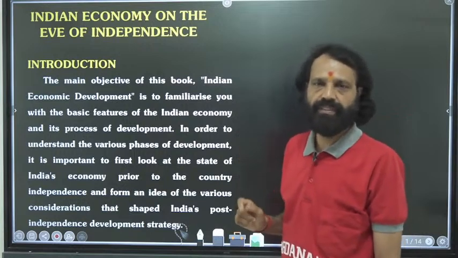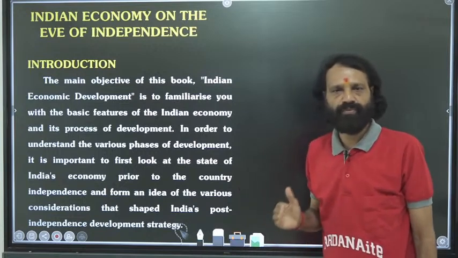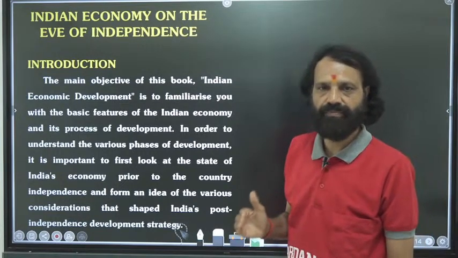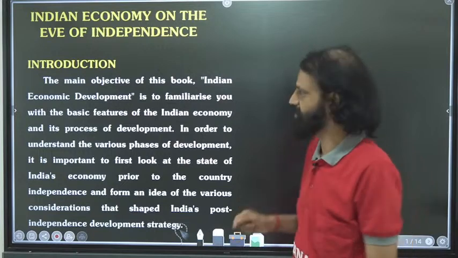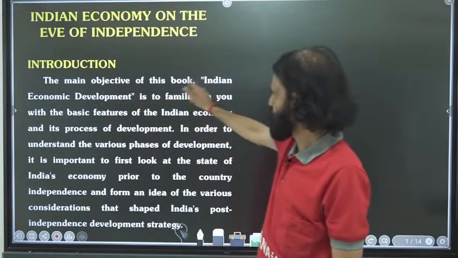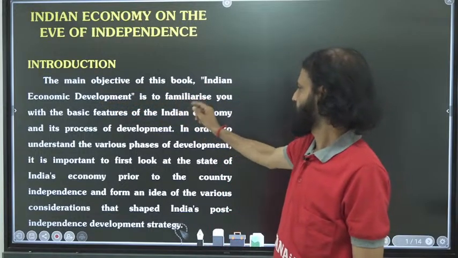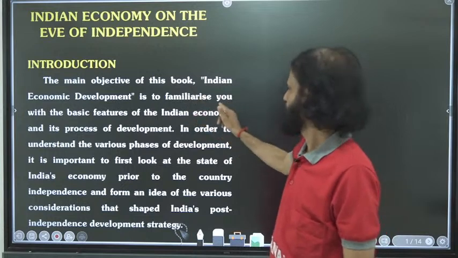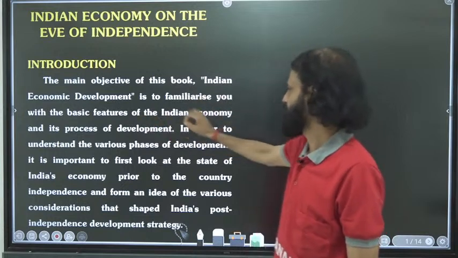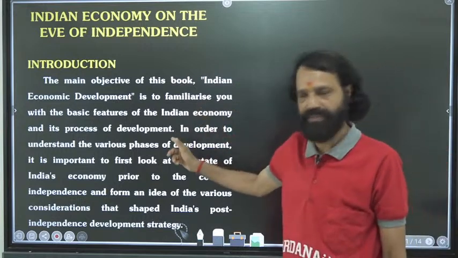During the time of Britishers' rule, how our economy was doing, that is what we are going to study in this lesson. So in the introduction, the main objective of this book, Indian economic development, is to familiarize you with the basic features of the Indian economy and its process of development.